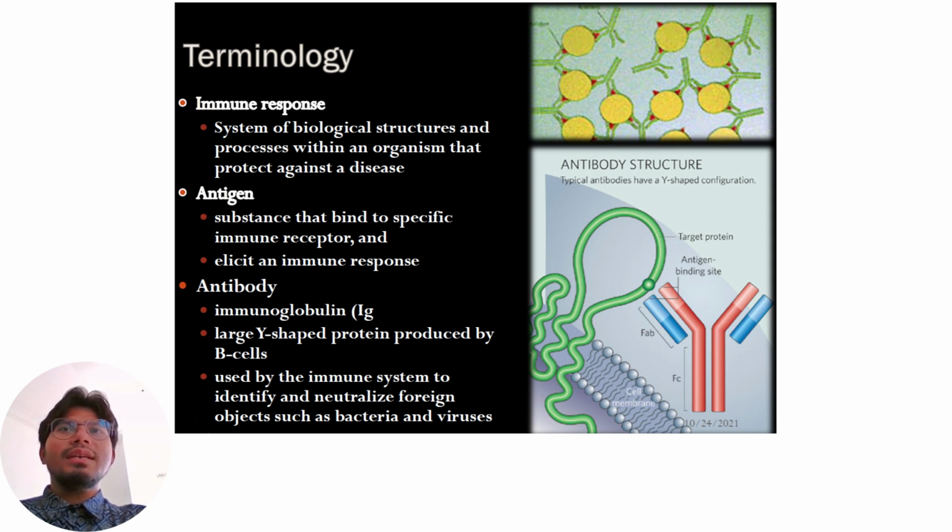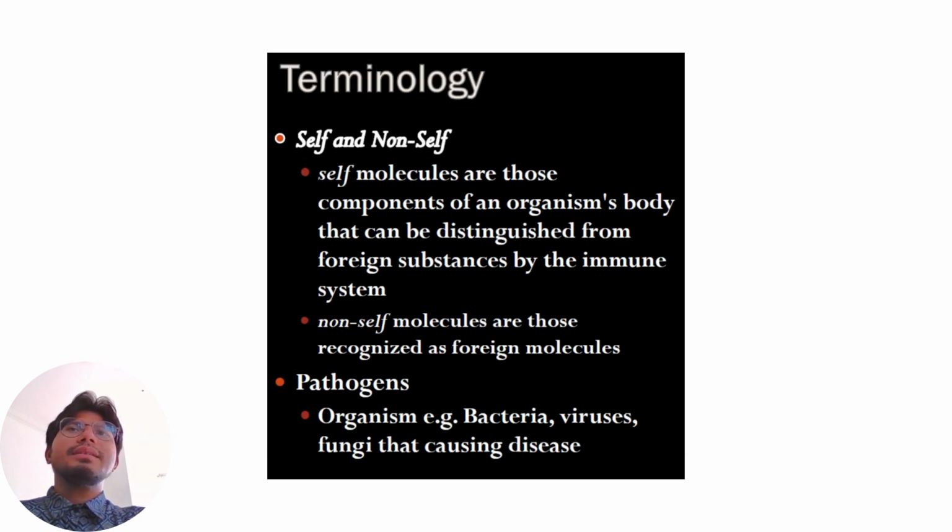So antibody is a protein that has a Y-shaped structure that is used to kill specifically the pathogen, okay, bacteria, viruses that infect the human body. Next is self and non-self.